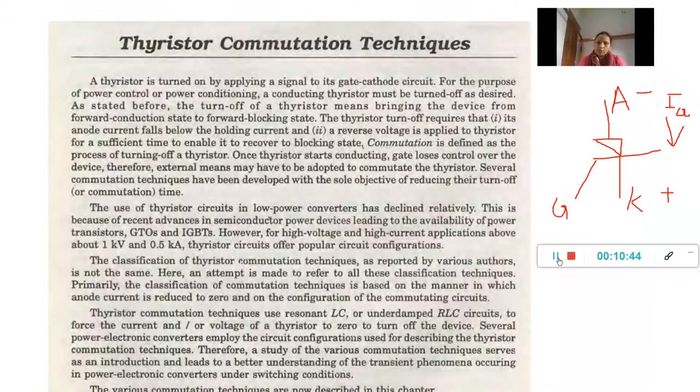In these converter circuit configurations, we are mainly using the thyristor semiconductor device. By switching this thyristor from on state to off state, then off state to on state, we can analyze these transient conditions by studying these various commutation techniques.